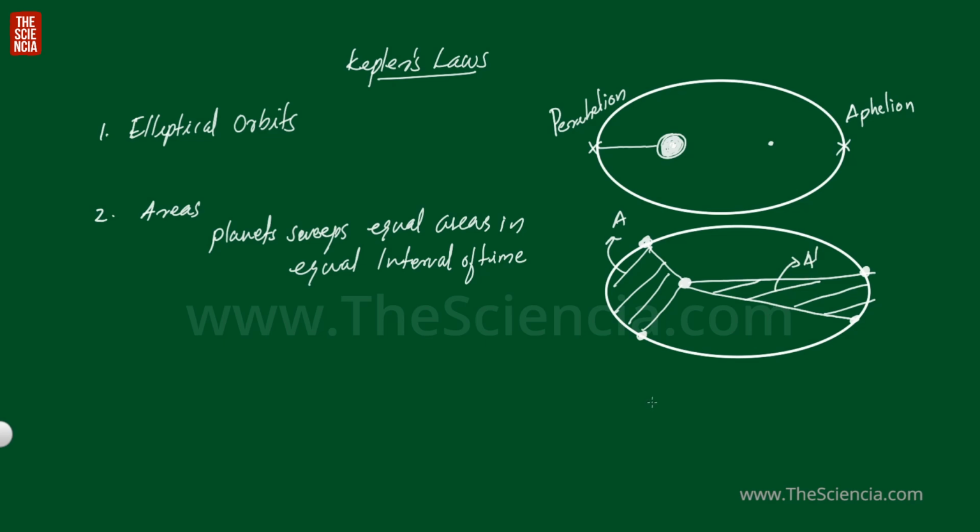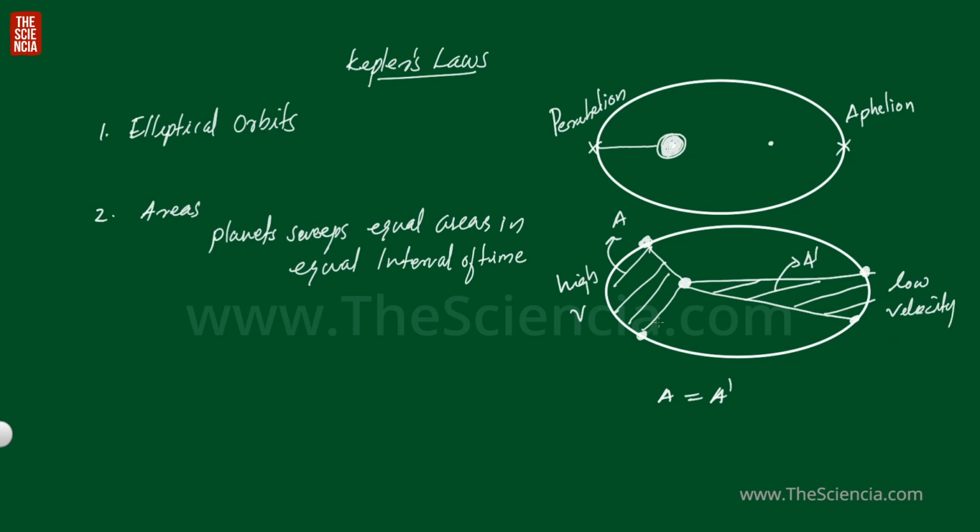And if the time taken by the planet for both cases is the same, then area A will be equal to A prime. That is, when the planet is nearer to the sun, it will move with a high velocity. And when it is farther from the sun, it will move with a low velocity.